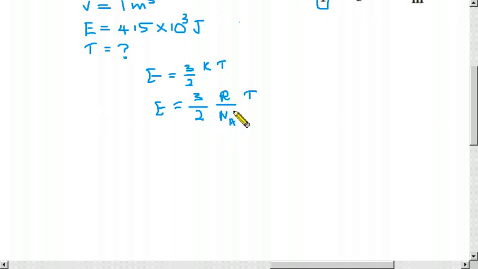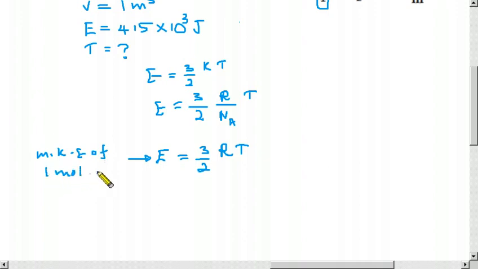If you don't divide by this Avogadro number, what do we get? The kinetic energy of 1 mole. If we neglect this Avogadro number, only R and T, then what is this? Mean kinetic energy of 1 mole. What we need is, we have 100 mole.